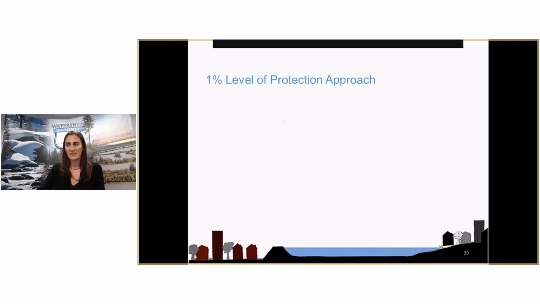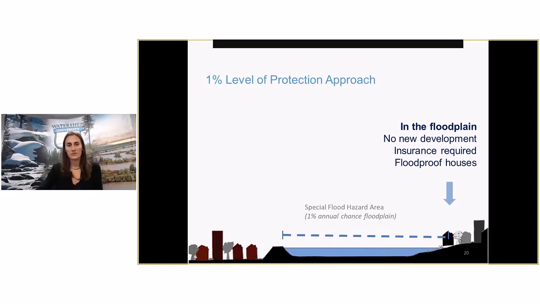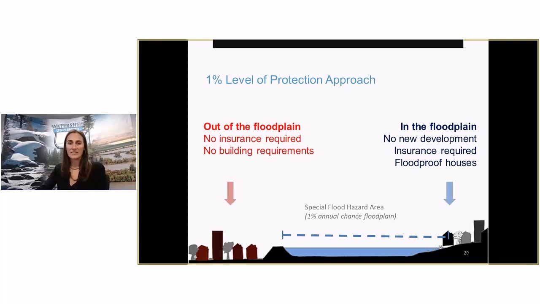And what the 1% level protection approach basically says is we're going to do H&H models to identify the depth and the extent of the 1% annual chance flood and mark that out in the landscape. And if your property falls within that area, you're considered in the floodplain. In theory, there was intended to be no new development. Insurance is required in these areas, and then you have floodplain management requirements like floodproofing or elevation, for example. If you are out of the floodplain or behind an accredited levee, there is no insurance required, no building requirements either.